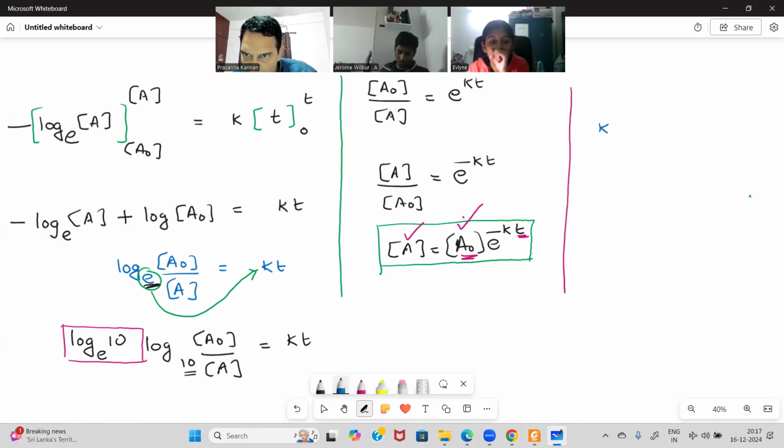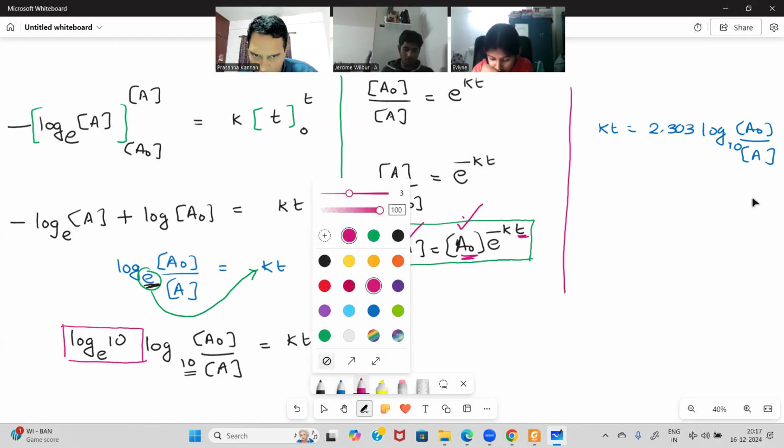So kt is equal to 2.303 log a naught divided by a to the base 10. This is the integrated rate equation, very important for solving numericals as well as for your PU. This is an important question, amongst others.